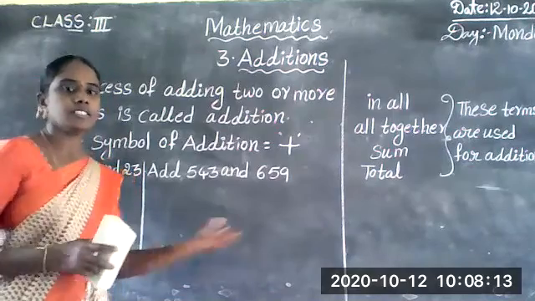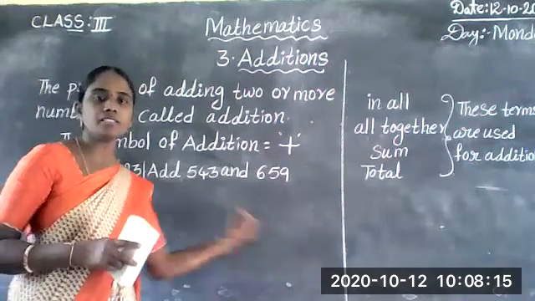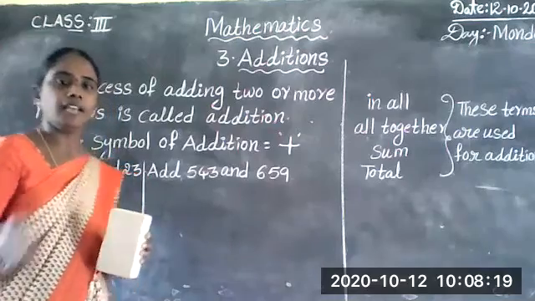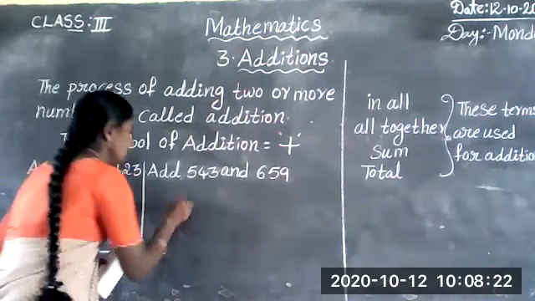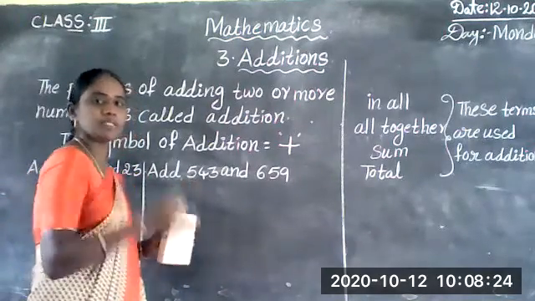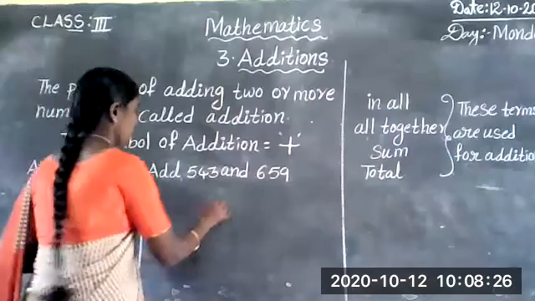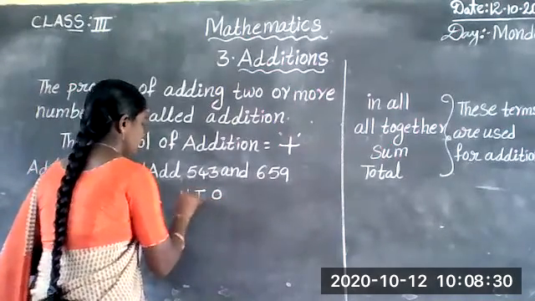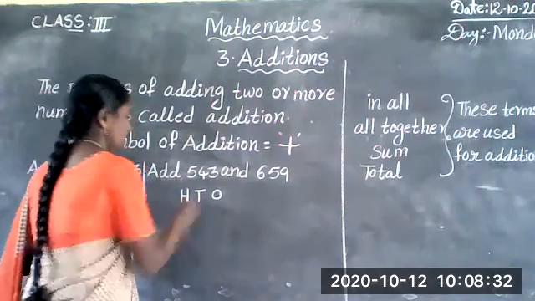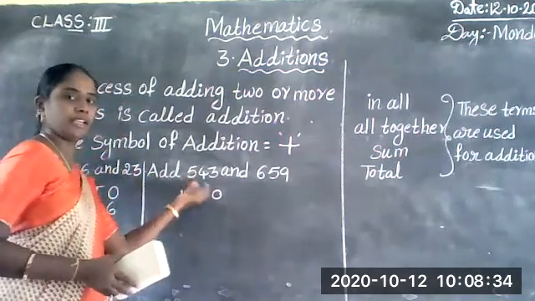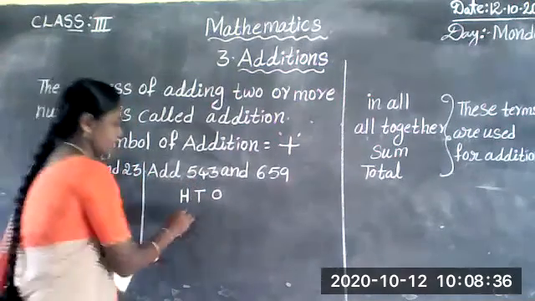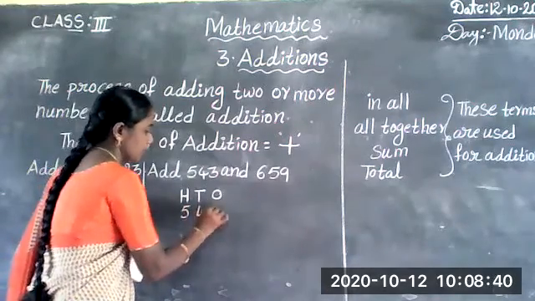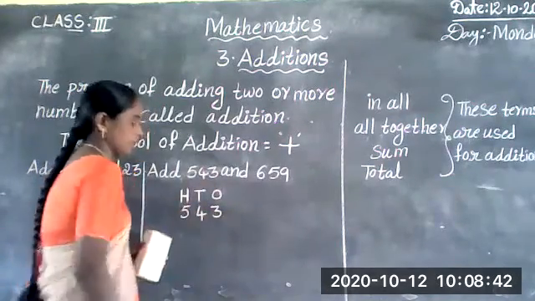Next, 659 is also a three-digit number. We have to write them in the place value chart columns: ones, tens, hundreds. For 543, write 5 in the hundreds place, 4 in the tens place, 3 in the ones place. Next, 659.